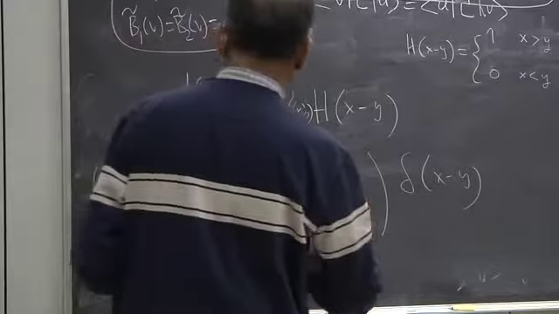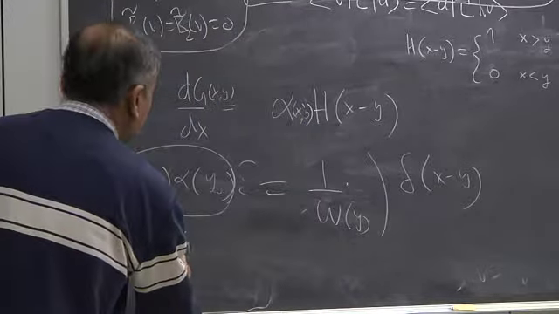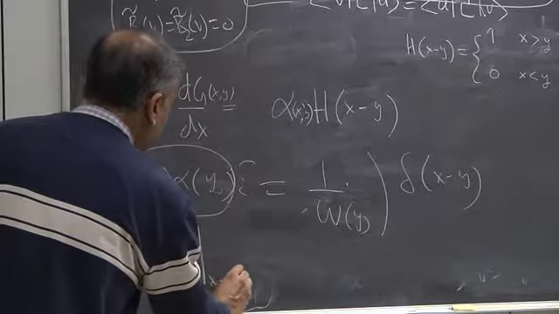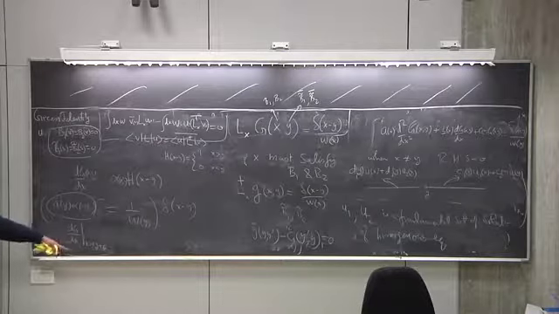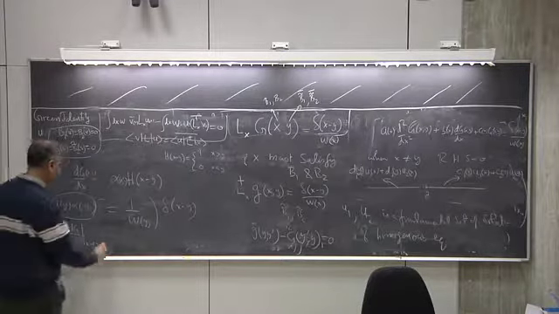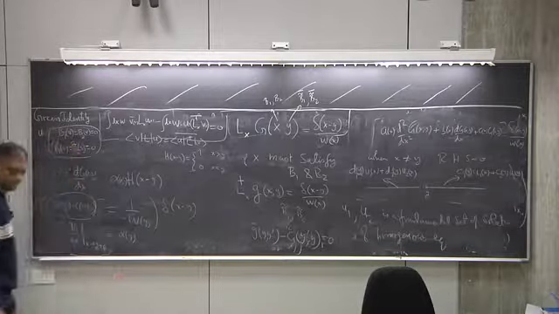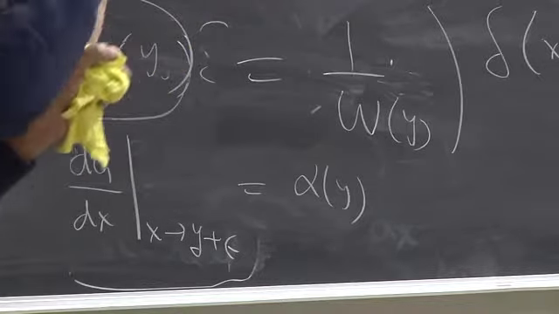So what we are saying is that dg by dx, as x goes to y plus epsilon, should be equal to alpha y, because h of x minus y, when you're coming from the right hand side, is 1.